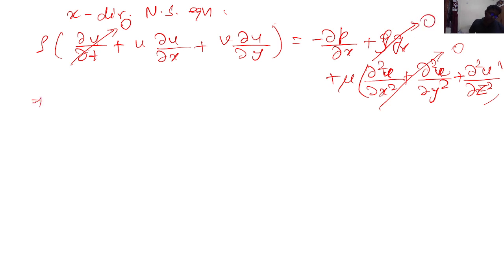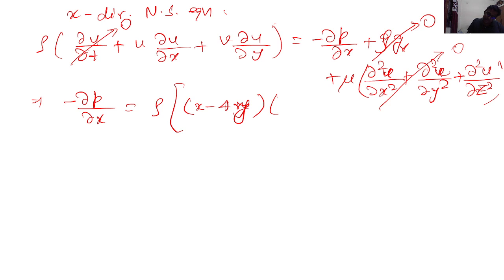So this will leave minus del p by del x on the right hand side equal to rho times x minus 4y times del u by del x. Del u by del x is 1, plus minus y minus 4x, that is the v, times del u by del y, which is minus 4.